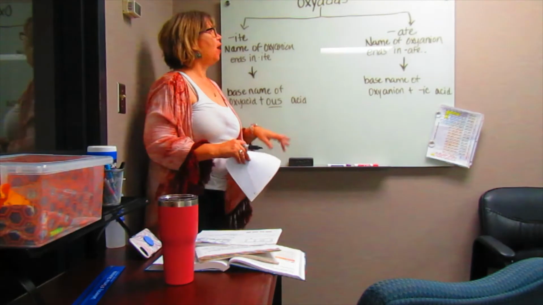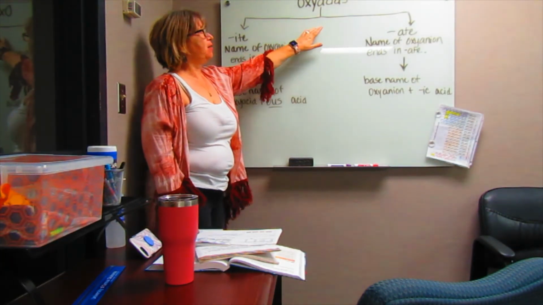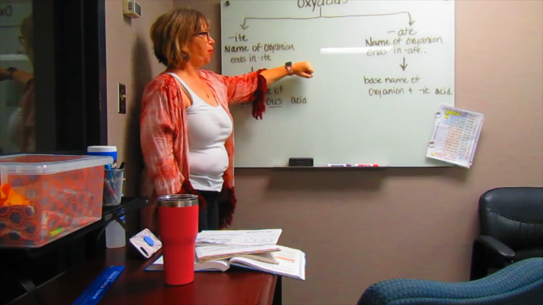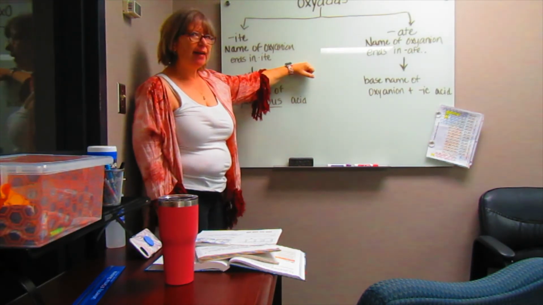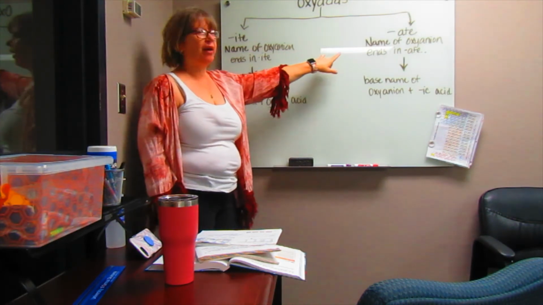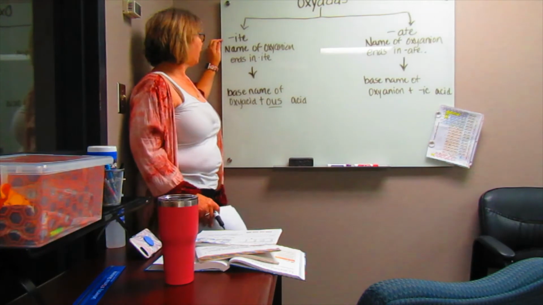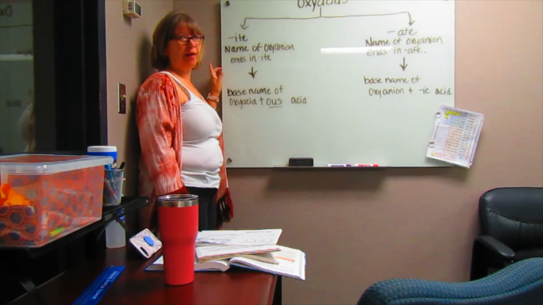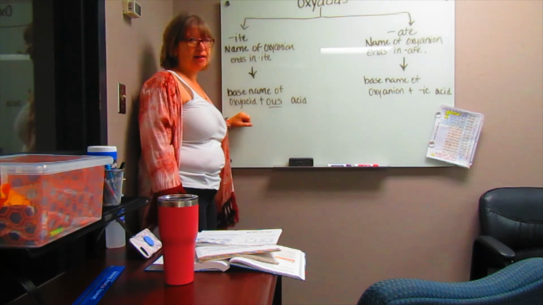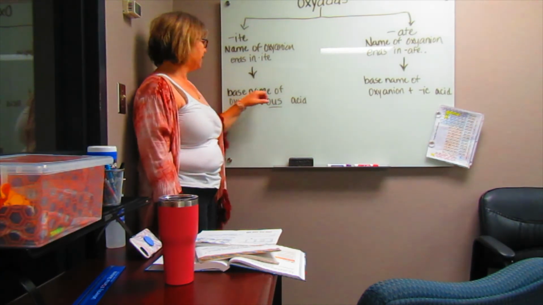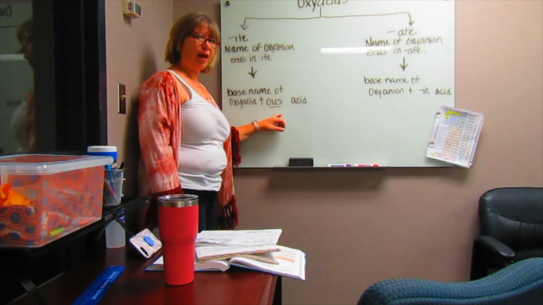Okay, so oxyacids are a little bit different. We talked about the different polyatomic ions that end in ITE and ATE. So the two rules that we have in regards to those is if you have an oxyanion that ends in ITE, then the acid name is going to be the base name of your oxyanion plus OUS.